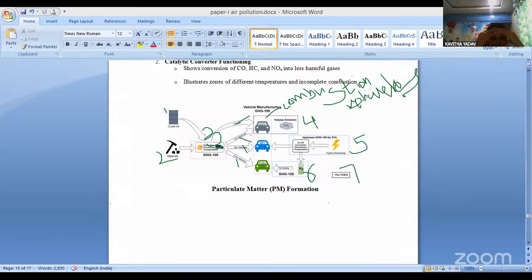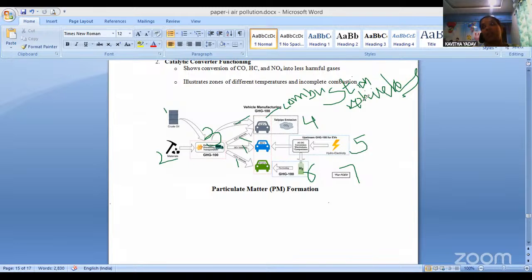Then coming to the next one, electric vehicles. How can electric vehicles control greenhouse gases? There is no possibility of combustion of fuels. The vehicle will be charged completely in 1 hour, and it will give a mileage of up to 120 kilometers.